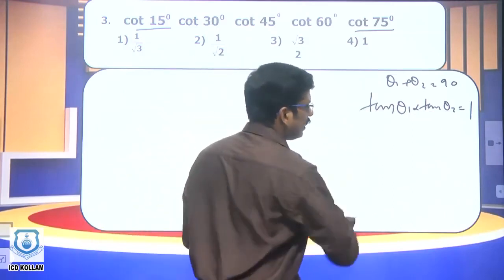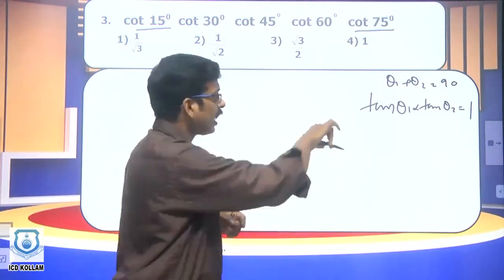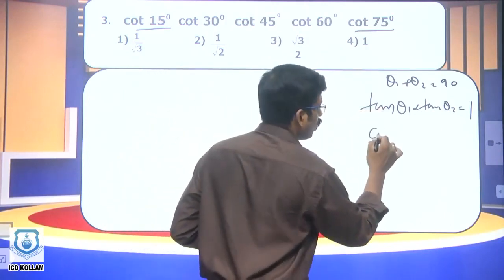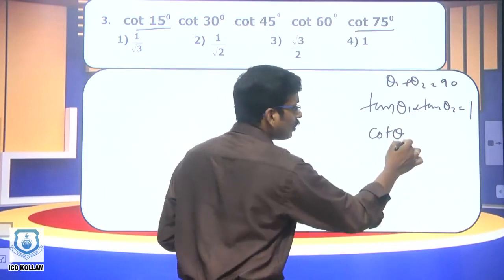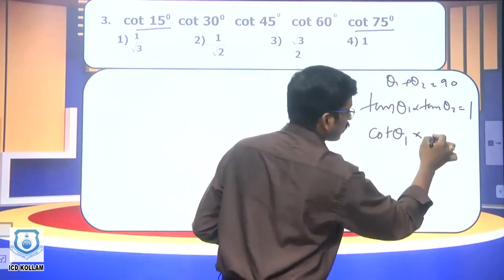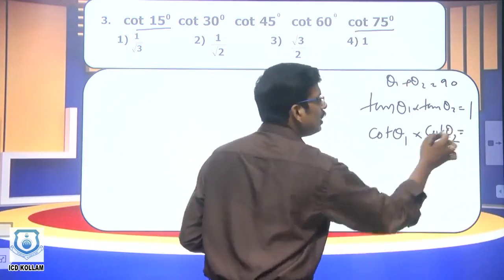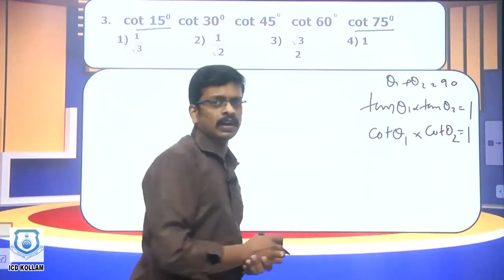The reciprocal of tan theta is cot theta, so cot theta 1 and cot theta 2 are the reciprocals, and the reciprocal of 1 is again 1.